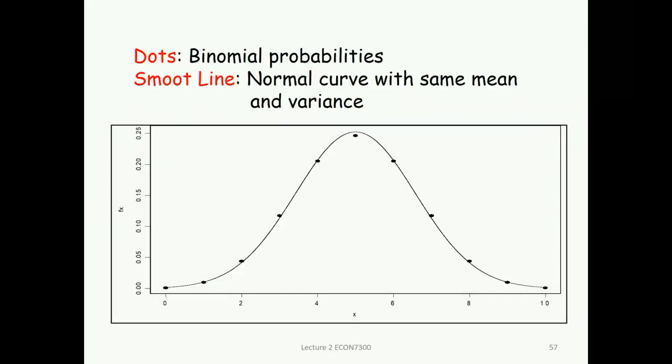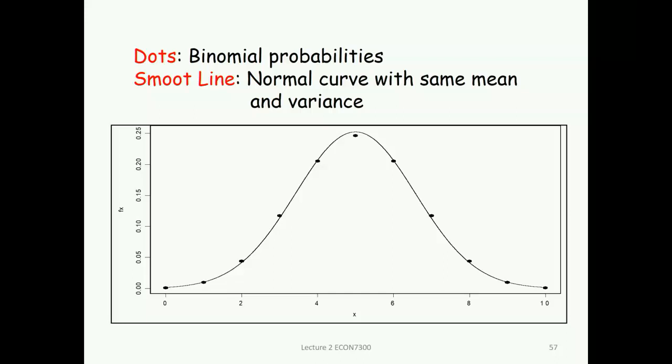You see why? If you look at the dot points, the dots are binomial, the smooth line is the normal curve, and they almost look alike. That's why we are using the normal approximation. So it is reasonable to use a normal distribution formula for a question which is binomial.